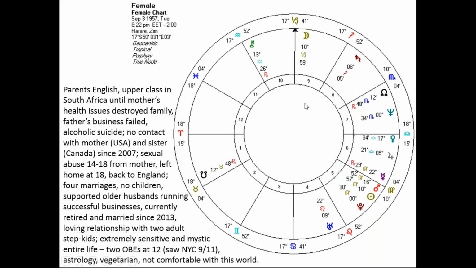So, ruler of Chiron by Aquarius is over here, Uranus. Ruler of Chiron by 10th house is Saturn, hanging out over here in a waning sextile to Chiron in Sag and 8th house.